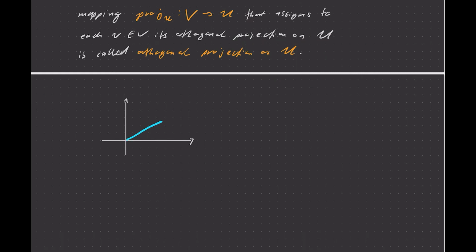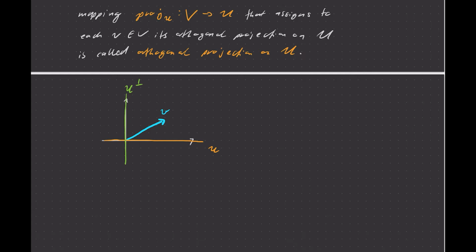So let this be our vector V. And then, of course, we need U and U ortho, two vector spaces. To make things easy for now, we just take this axis here as U, and then this axis here is the orthogonal complement. Then what are the projections of V on U and on U ortho?